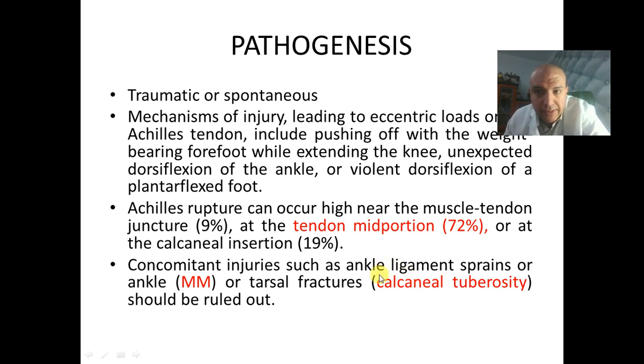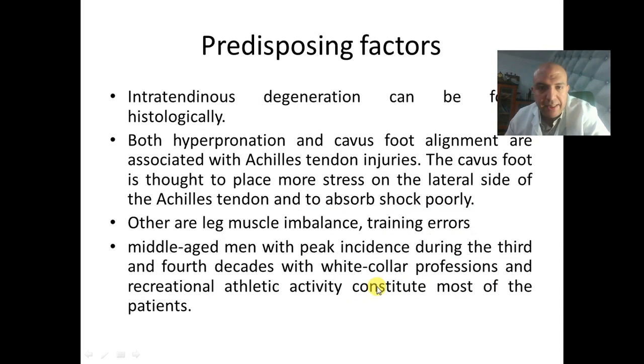25% of Achilles tendon ruptures are missed as an ankle sprain. It could be associated with a medial malleolus and calcaneal tuberosity injury, so X-ray is important. Again, in older age with spontaneous rupture, it could have intratendinous degeneration, tendinosis, and could be a traumatic event also.